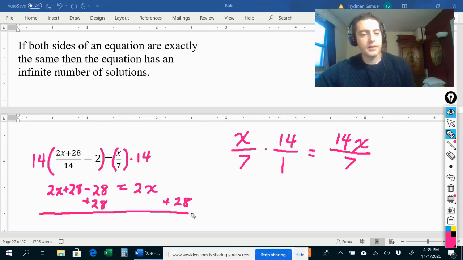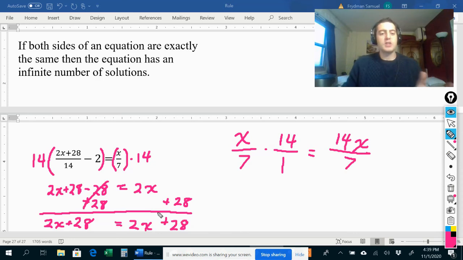And then what would happen, these would cancel. We would get 2x plus 28 is equal to 2x. So there's more than one way to solve an equation. And if you had done that, then you also would have seen that you get the exact same answer on the left and on the right.